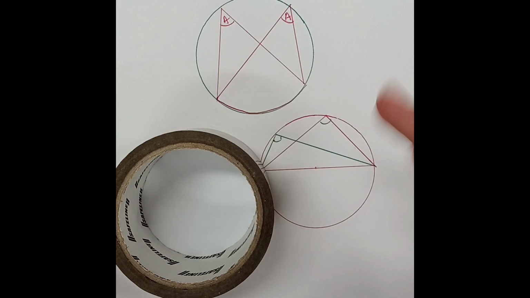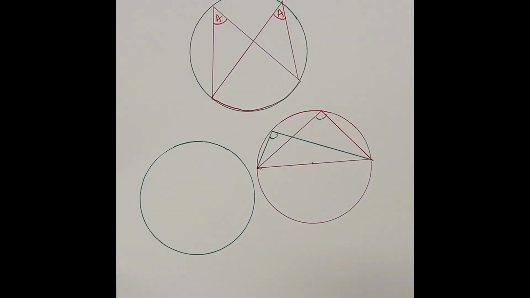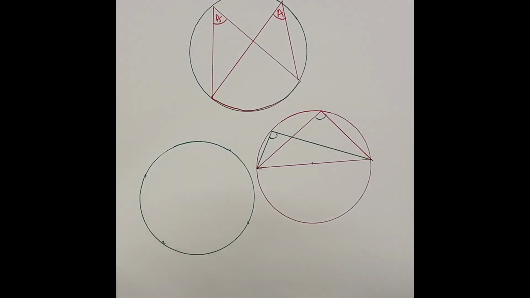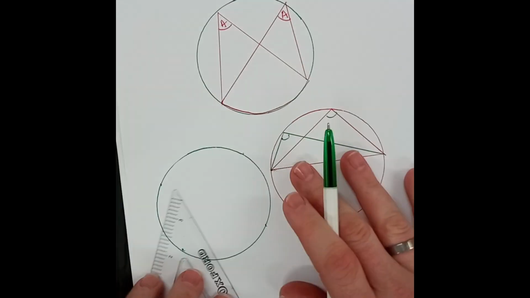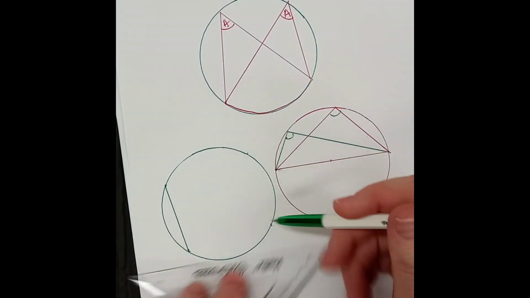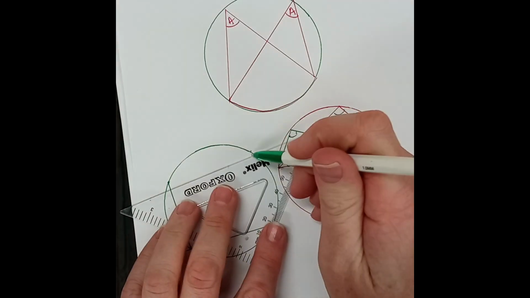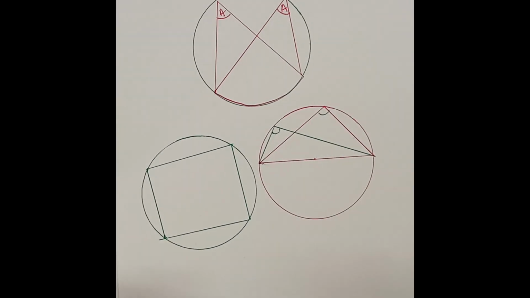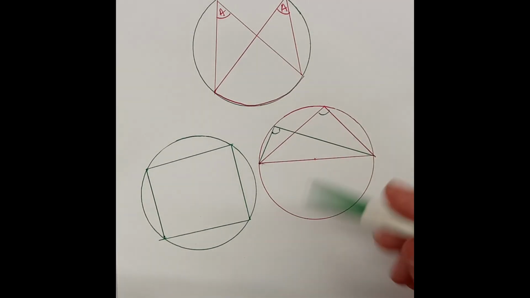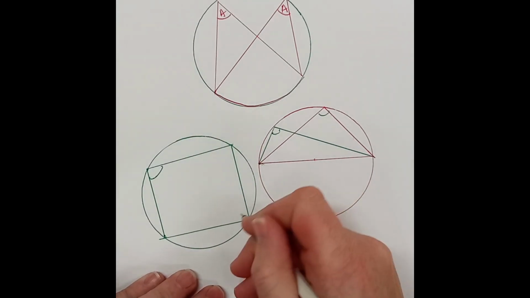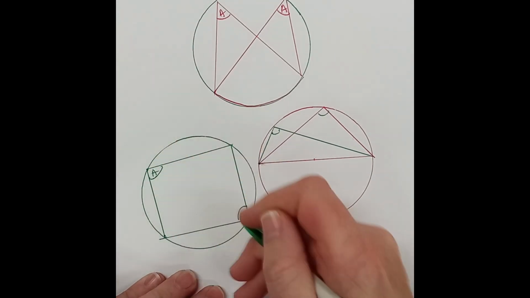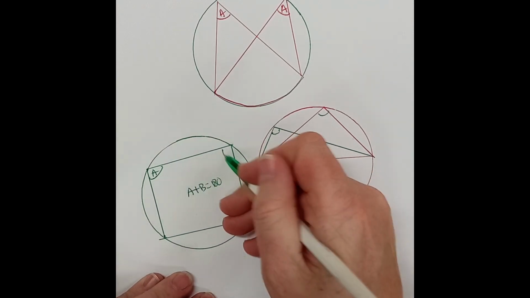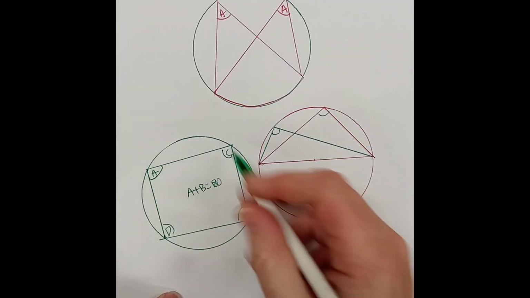Another corollary of this, if I have 4 points on a circle, no matter where they are, so long as they're not the same, when I join the points to form a quadrilateral, opposite angles, let's call them A and B. A plus B will be 180 degrees because the four of them together, A, B, C and D, must be 360.